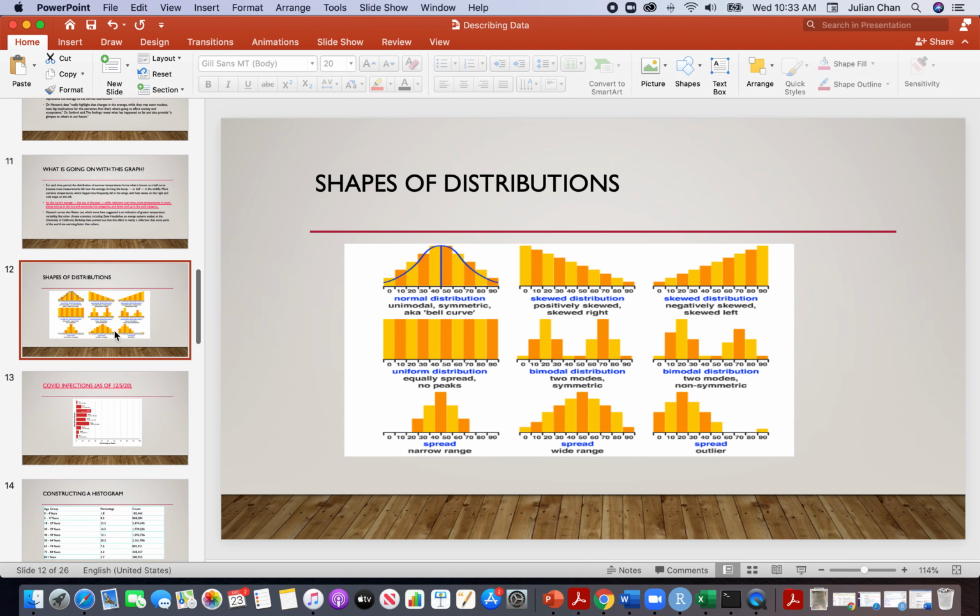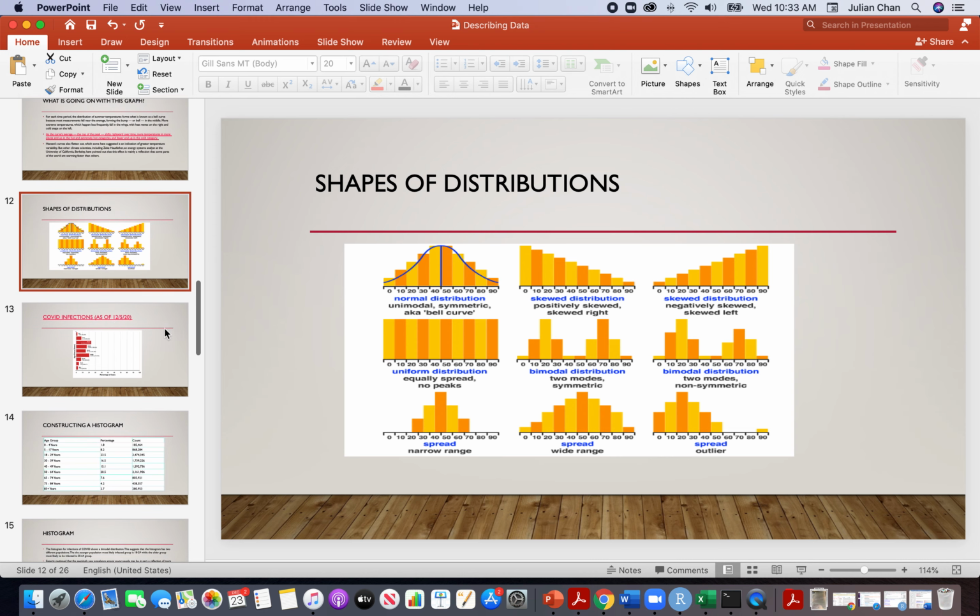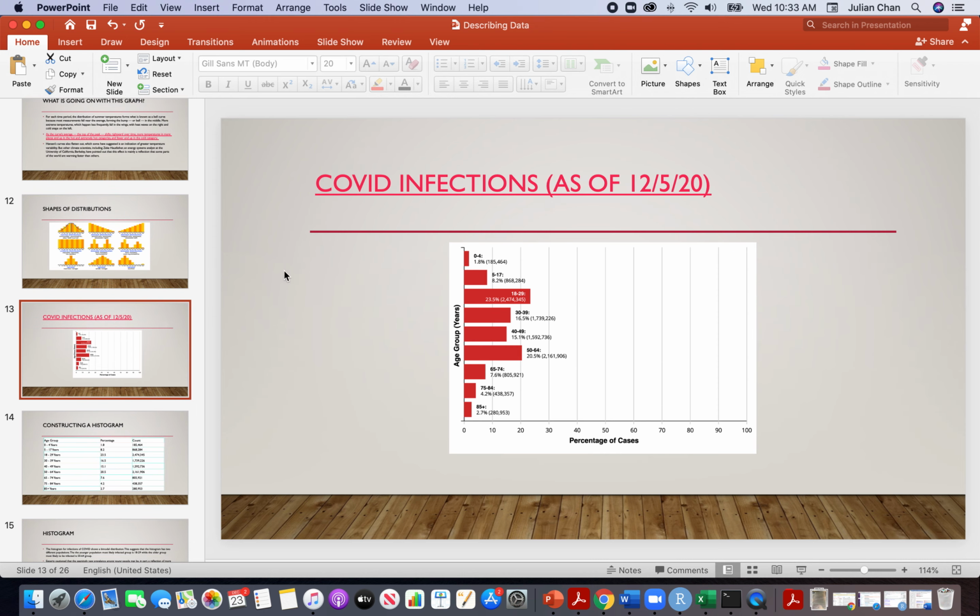Now let's look at some more histograms. These are the coronavirus infections as of 12/5/20 from the CDC. This is a histogram, and you can see it is bimodal. Young kids under 17 don't seem to be really getting the coronavirus, but from 18 to 29, there's a peak.